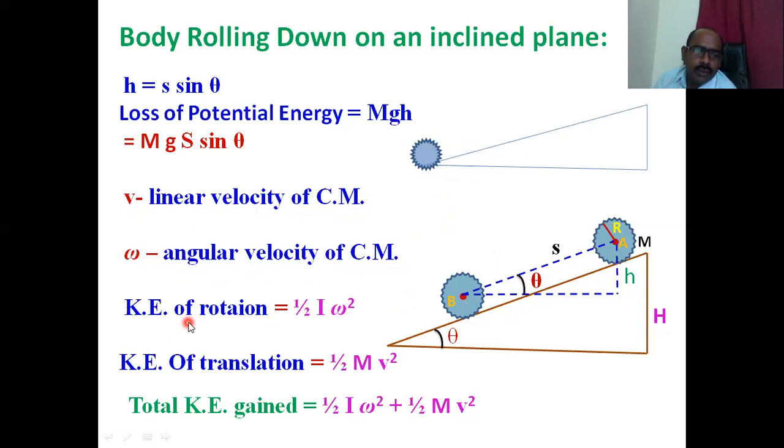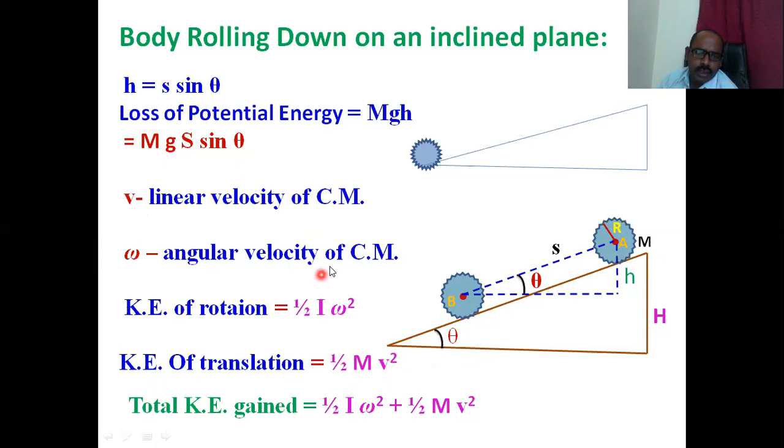Now we write the kinetic energy corresponding to those two motions. The kinetic energy of rotation is half I omega square, and the kinetic energy of translation of the rolling body is half mv square. Here capital M is the mass of the object, g is the acceleration due to gravity, and theta is the angle made by the inclined plane with respect to the horizontal surface.